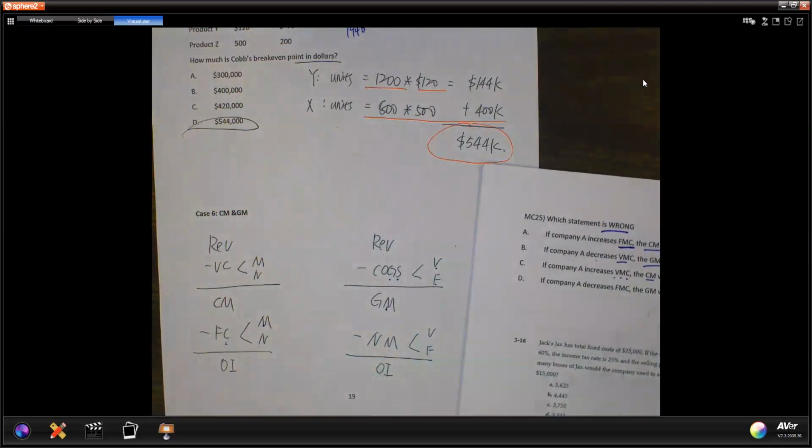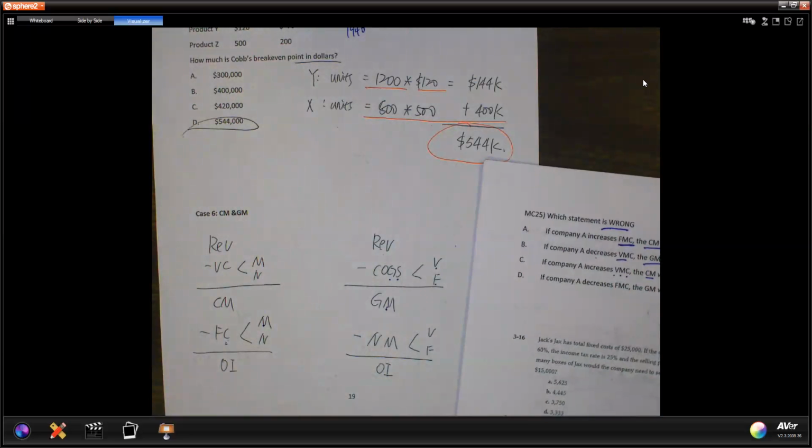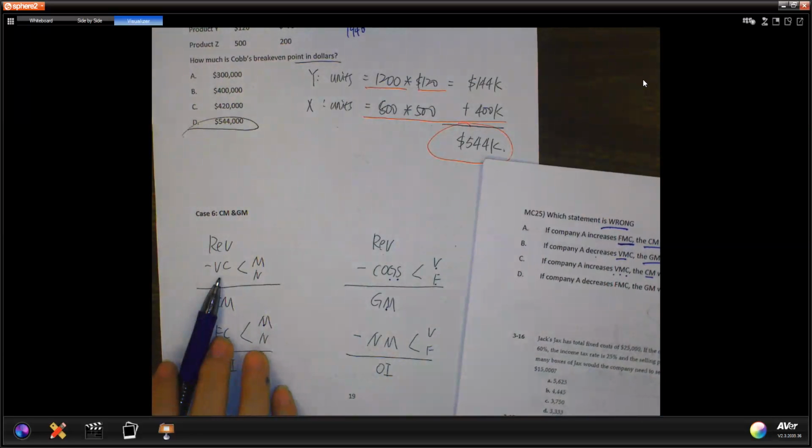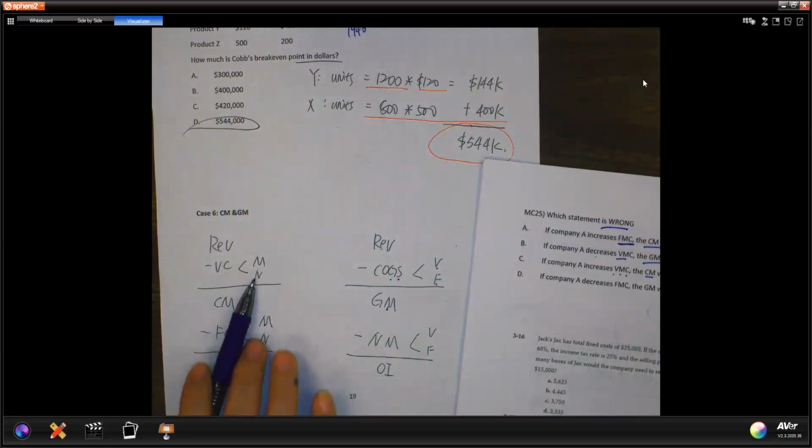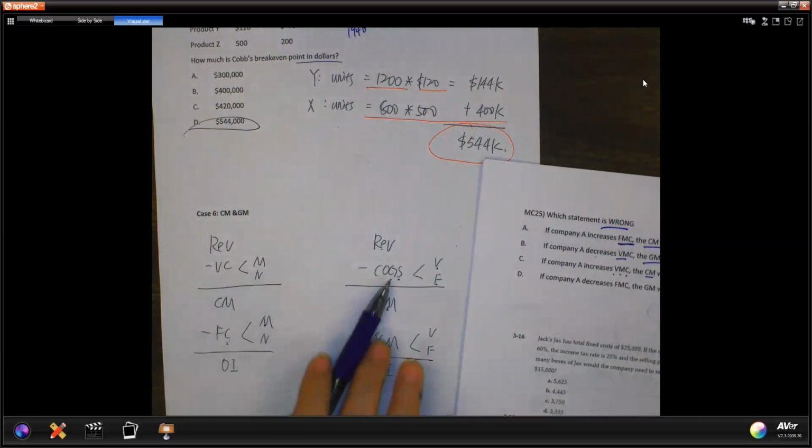So this is how you will do this type of question. It will tell you what will increase, what will decrease. So you just need to know contribution margin is only affected by variable cost, no matter if it's manufacturing or non-manufacturing, while gross margin is related to manufacturing, no matter if it's variable or fixed.